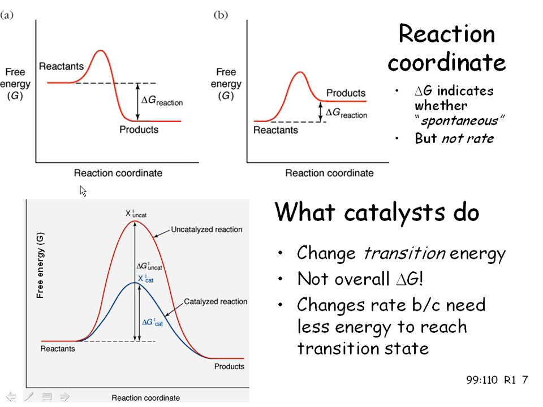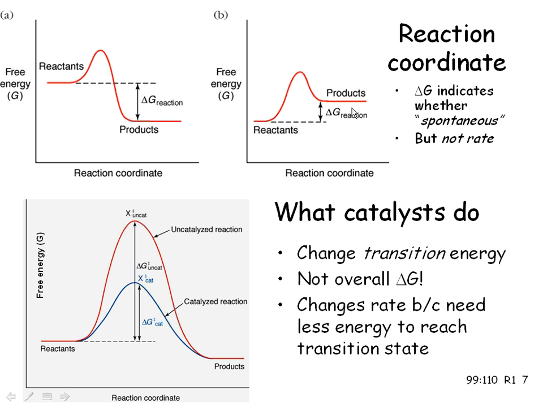It's just how far have you gotten down through the reaction. If you start with reactants that have a certain amount of free energy, and you have products that have another amount of free energy, if the products have less free energy, if they have a negative delta G compared to the reactants, you're going to have a spontaneous reaction.